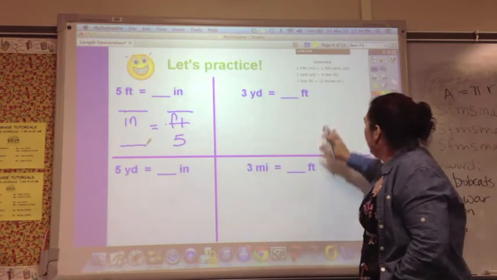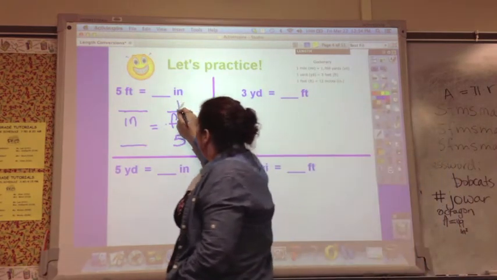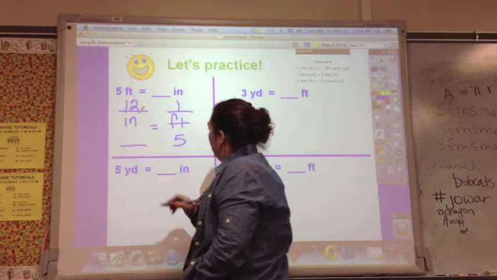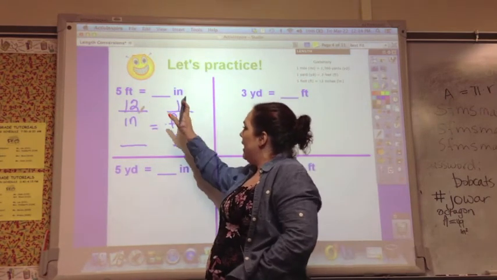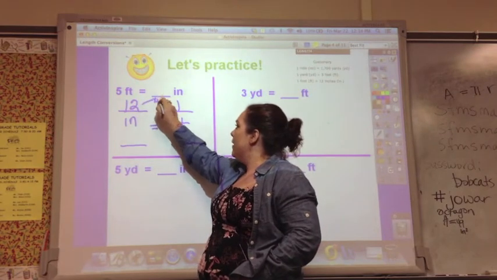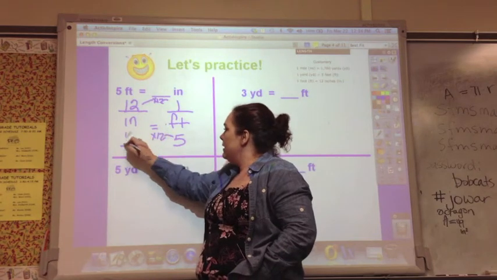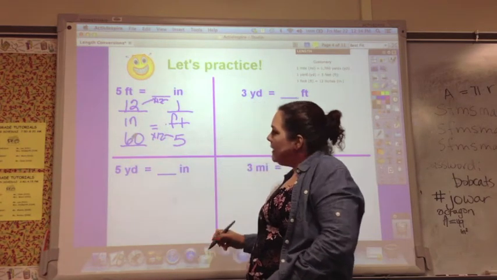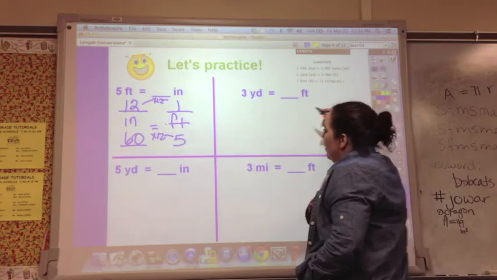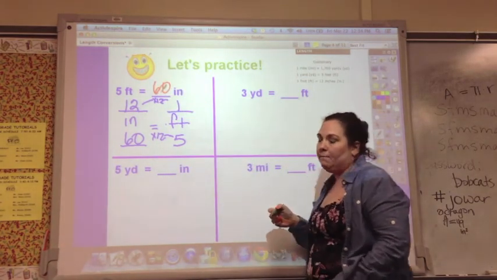So I look at my conversion chart and it's feet and inches. So 1 foot, 12 inches. And so I look at this and I go, okay, how do I go from 1 to 12? Times 12. So 5 times 12 is 60. So what I'm saying is that there are 60 inches in 5 feet.